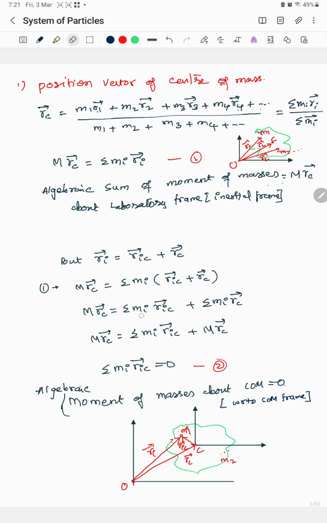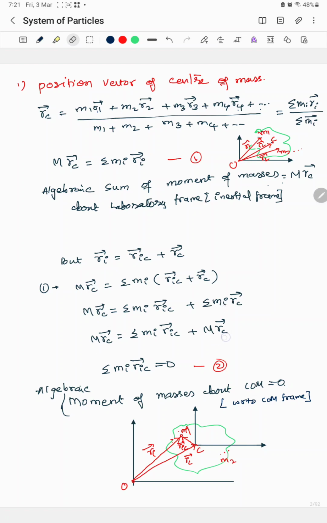M Rc bar is equal to summation mi, just expand, Ric bar plus summation mi Rc bar. Here M Rc bar is equal to summation mi Ric bar plus M Rc bar. Here Rc bar is fixed, that is with respect to the laboratory frame. I am taking this outside, so summation mi can be written as total mass.